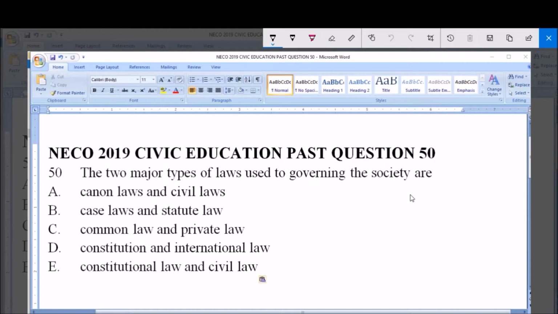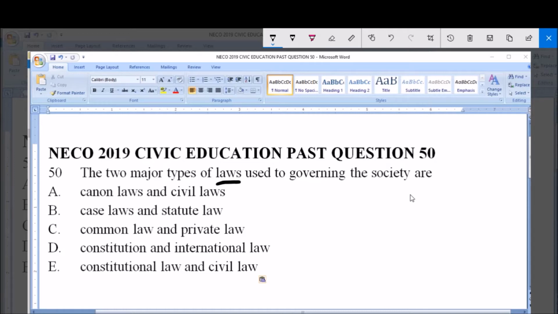Question number 56. The major types of laws used to govern the society are dash. Laws that are common, that are prominent in every society are dash law.